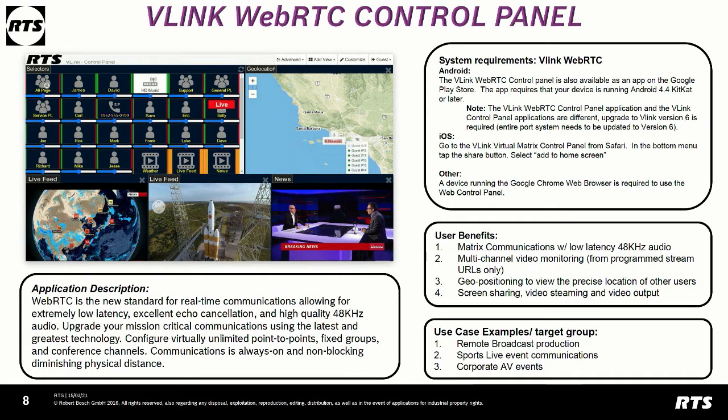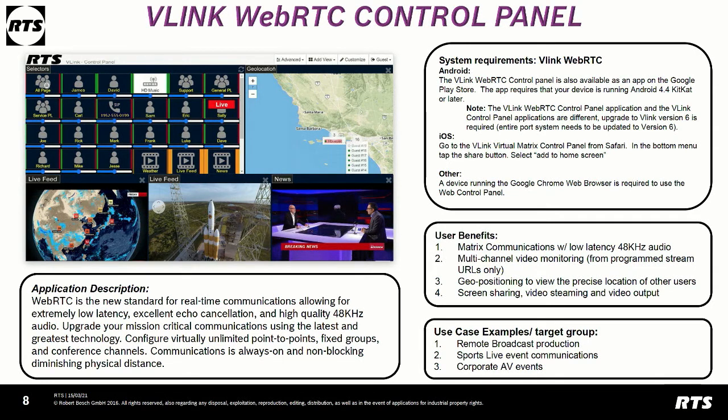I also have the ability for what is called geolocation, that you can see in the upper right hand corner here. This will actually show me the physical location of every one of the Vlink users on a global map. So you can get a relative idea of where your remote ENG vehicles, reporters, etc. are. So it gives you a wide multitude of different things that you can view within the software.